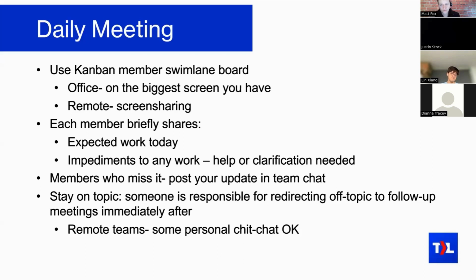And really important for running the daily meeting is staying on topic. Someone in the team needs to be responsible for redirecting any off-topic chit chat to follow-up meetings immediately after. The most common problem is that somebody goes into a bit too much detail on some problem they're having or some help that they need. If it's not really relevant to everybody, then set the expectation that it's not rude.